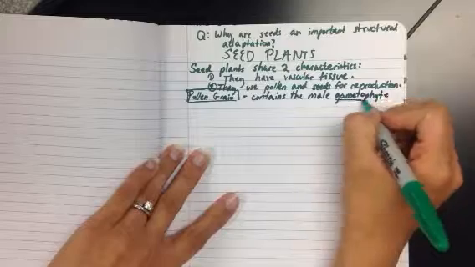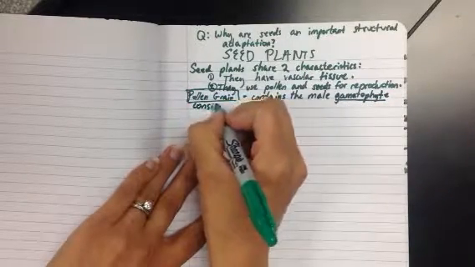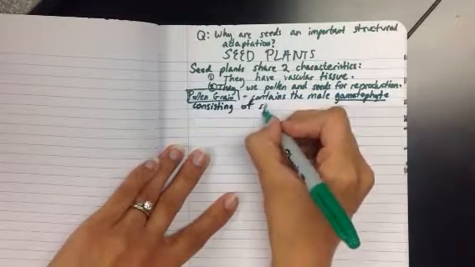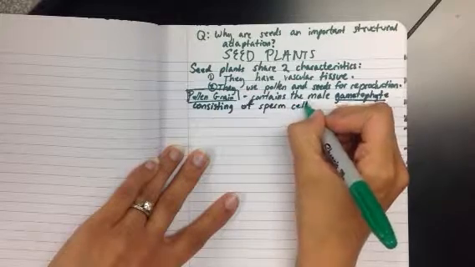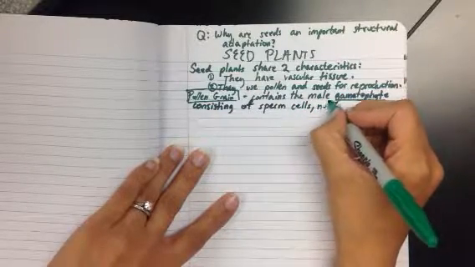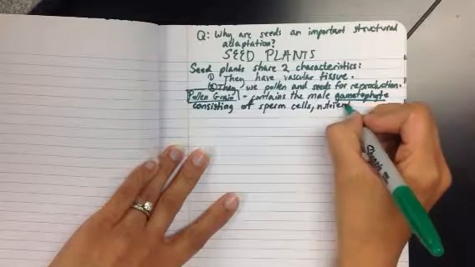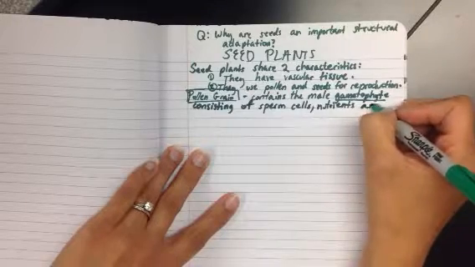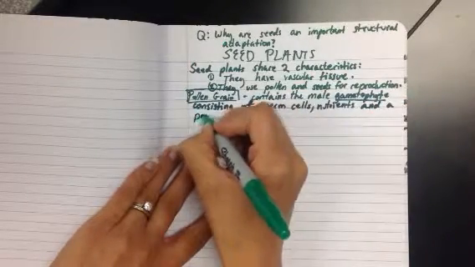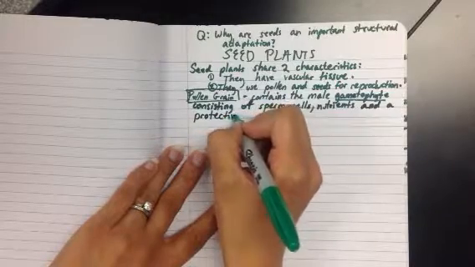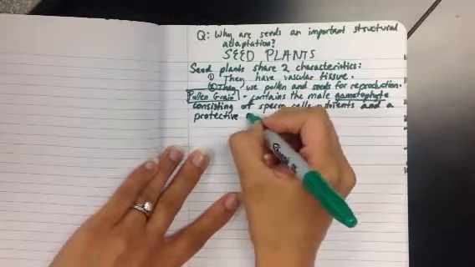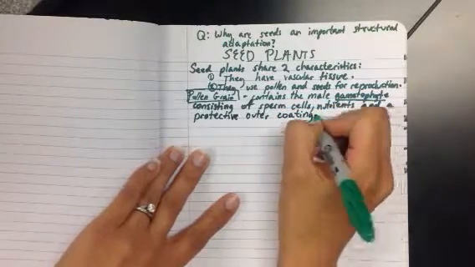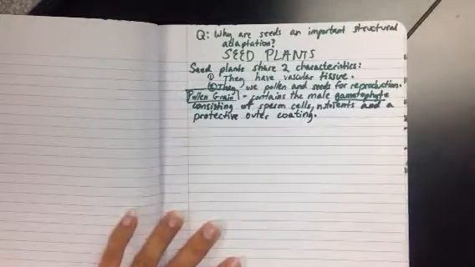The male gametophyte consisting of sperm cells, nutrients, and a protective outer coating. So if you are allergic to pollen, now you know that you're actually allergic to plant sperm.